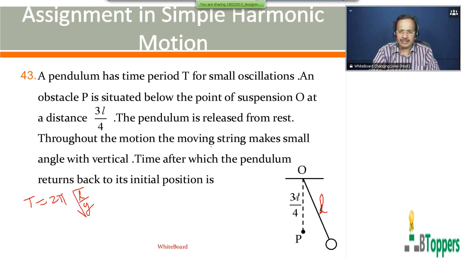If an obstacle is placed at a distance 3l/4 below the point of suspension, then after the bob reaches the lowest position, only the part of the string below this point P will be able to swing further. So the length of the remaining part of the string below the obstacle P will be l minus 3l/4, that is l/4.